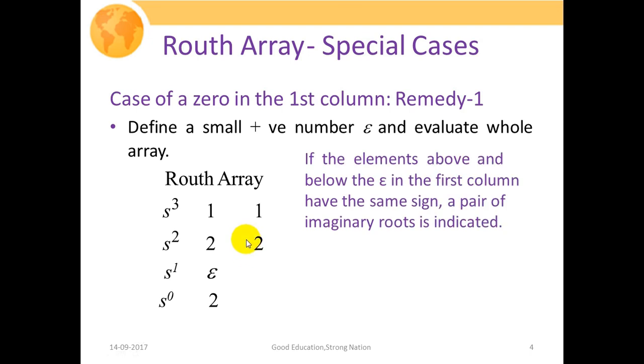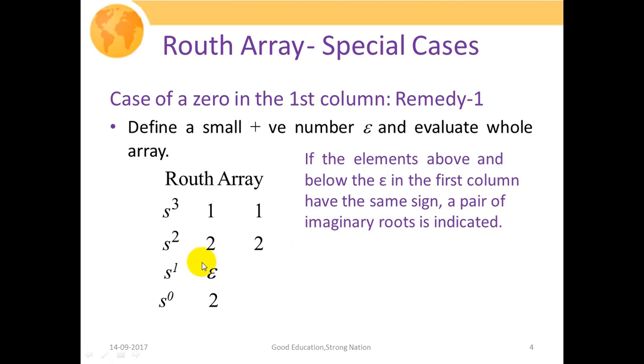Here one point should be noted very clearly. If the elements above and below the epsilon in the first column have the same sign, just like this +2 and +2, they have the same sign, then a pair of imaginary roots is indicated.